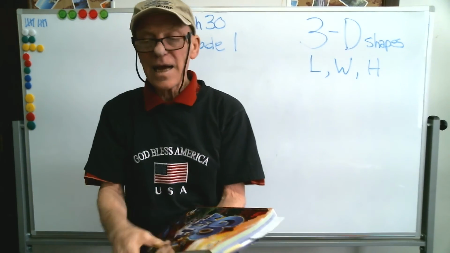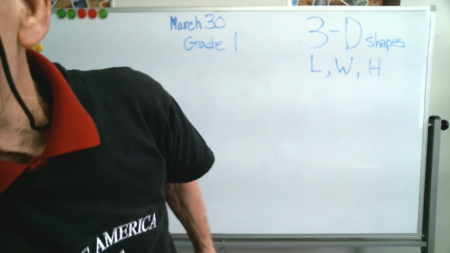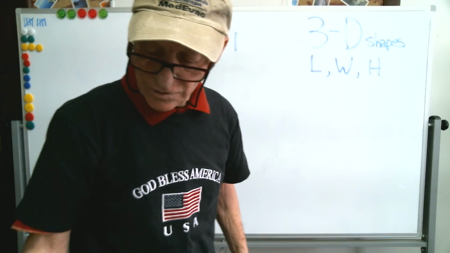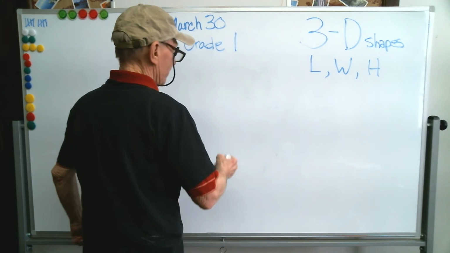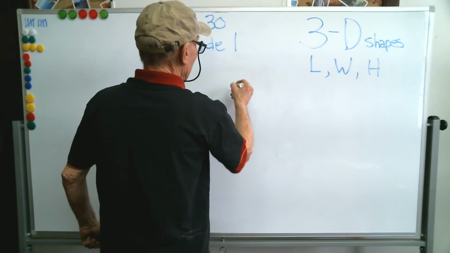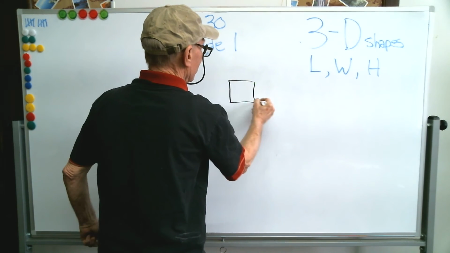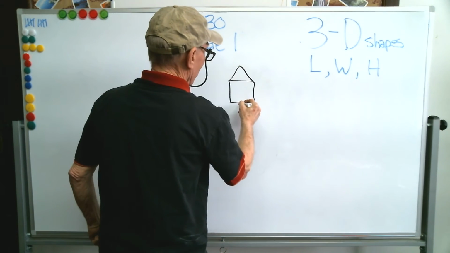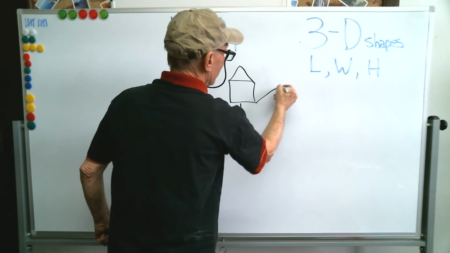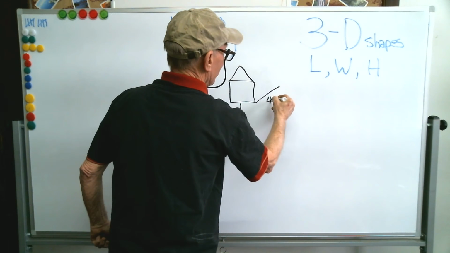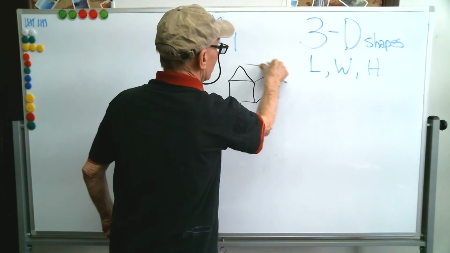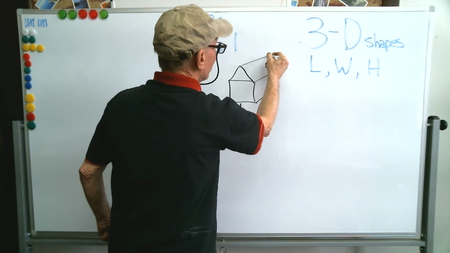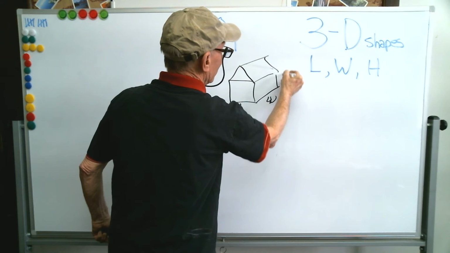And you can take any object and you can then determine that that object has, in fact, a length, a width, well, I sure don't know how to draw, and a height.